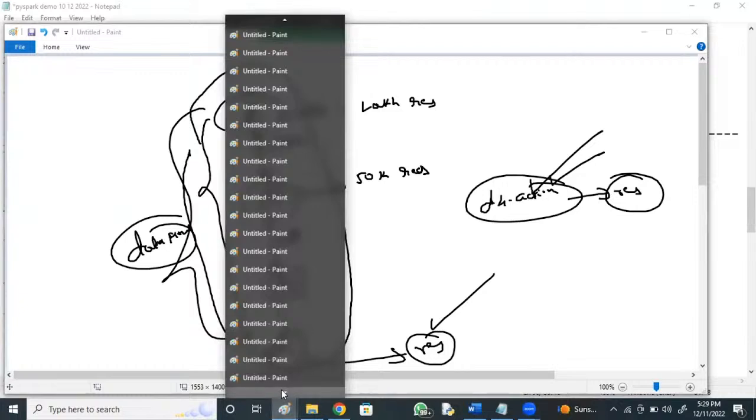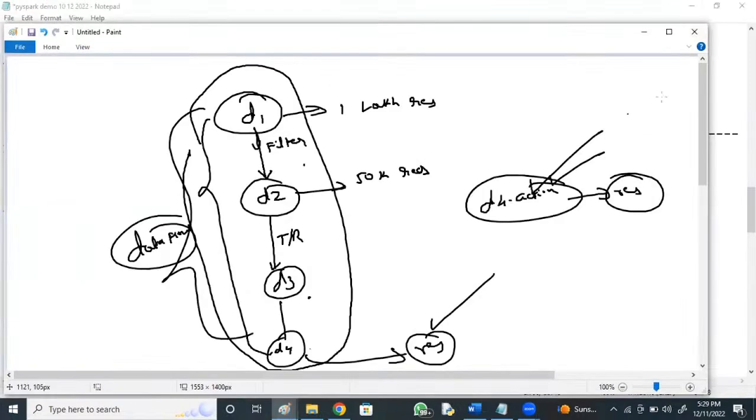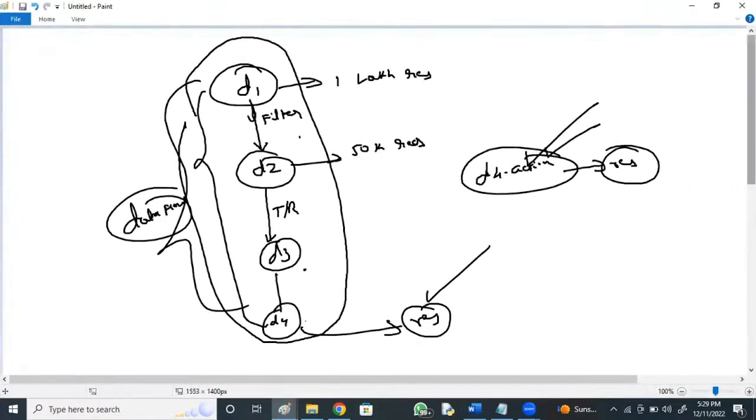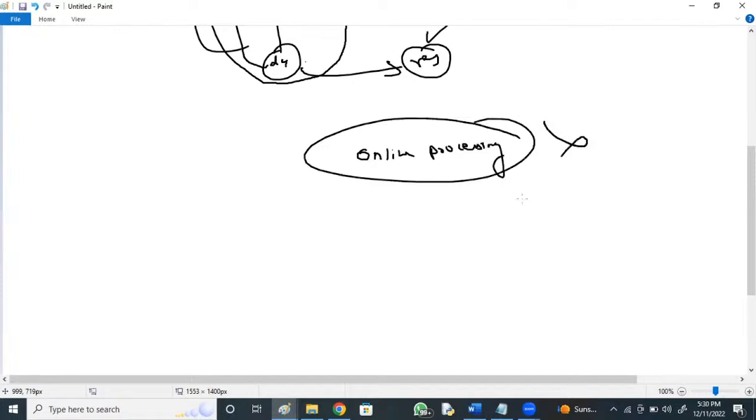Online versus batch, you were saying online transactions versus batch in that example. It mentioned it's not a client-based interaction, I think that's what he's asking. Yes, Hadoop is not for online processing, right?